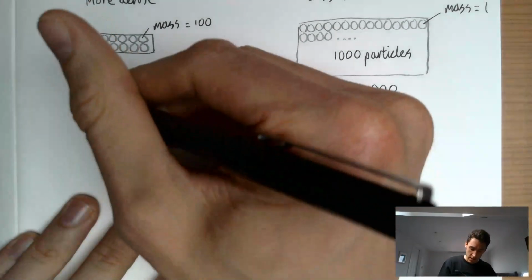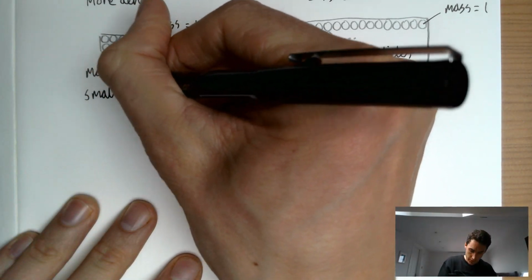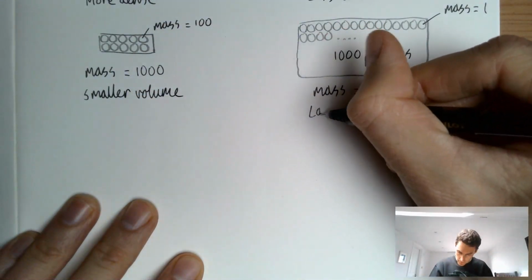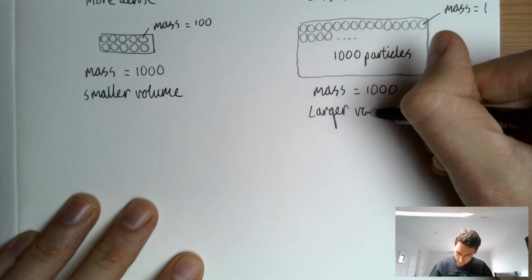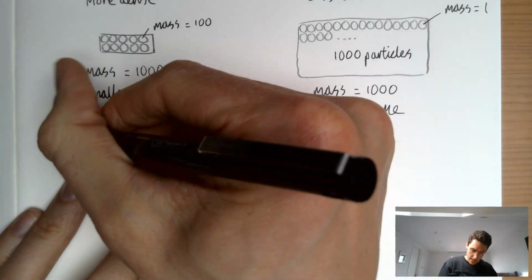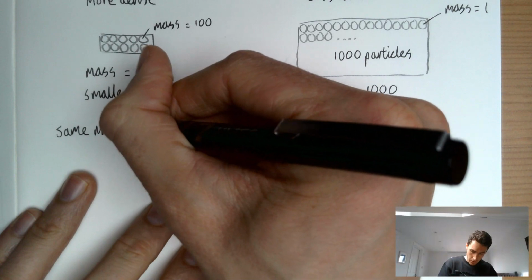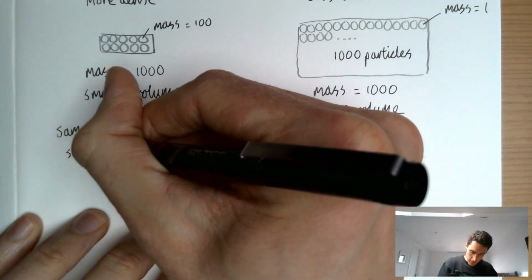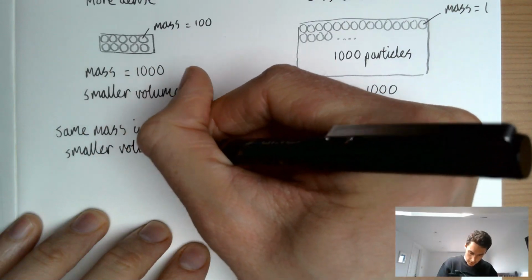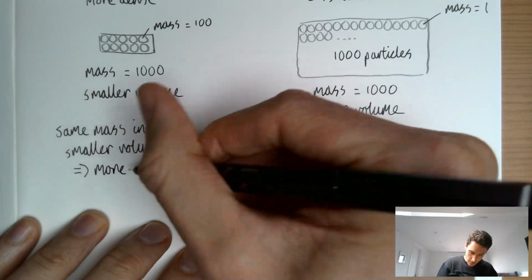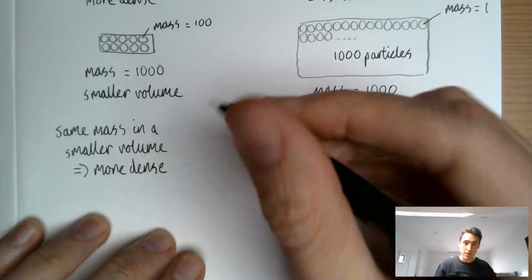What that means is this will have a smaller volume, this will have a larger volume, and the idea that I want to get across here is if I've got the same mass in a smaller volume, that's another way of saying an object is more dense. So this is the bit they find difficult.